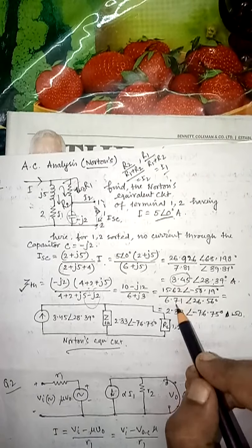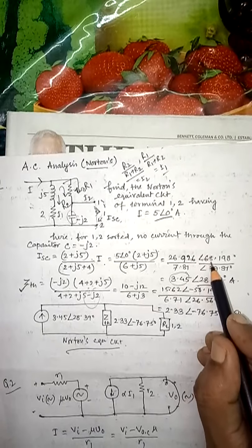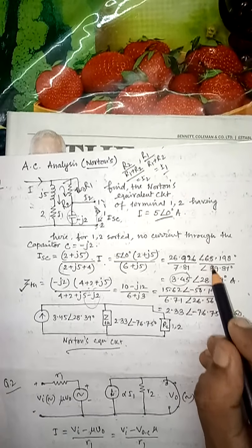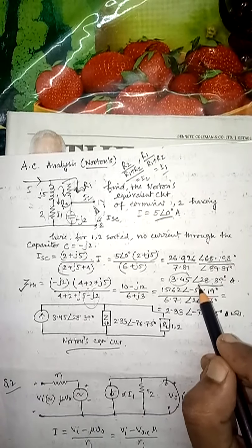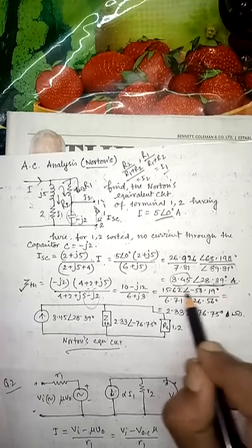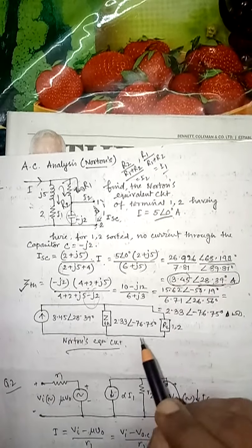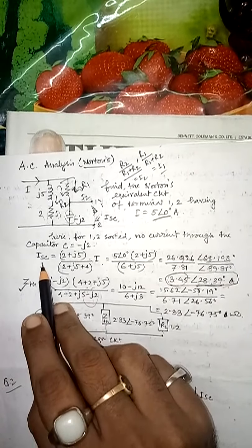So just divide it, you will get 3.45, and subtracting the angles, you should subtract this value from that upper value, so it is coming as 28.39 ampere. Now this is the short circuit current, ISC. Fine.